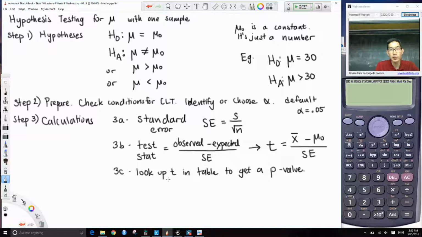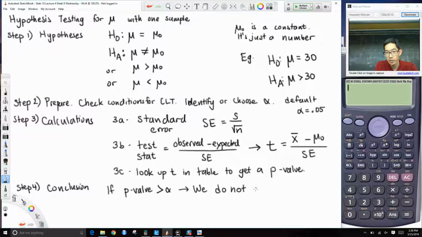Okay, and then once you get your p-value, the last step is to make your conclusion. And how do our conclusions work? If your p-value is greater than alpha, what does that mean? What do we decide? We do not reject the null hypothesis.